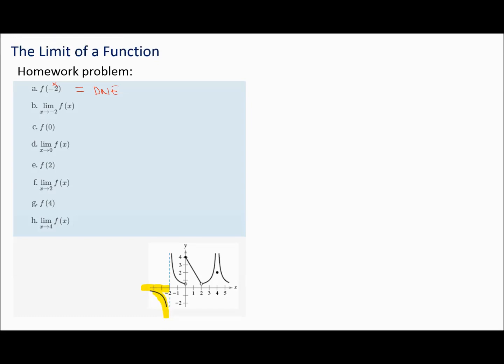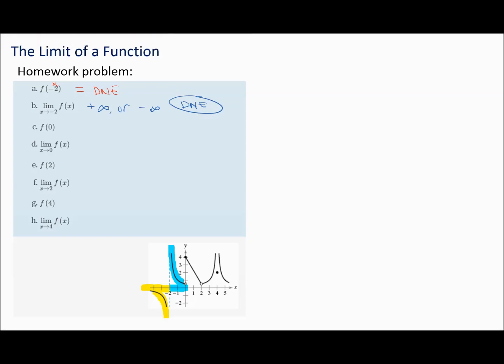Okay, on the other hand, as I get closer and closer to -2 from the right, what are my y values doing? They're going up here to plus infinity. Either way, that means the limit does not exist. So you either get plus infinity or you get minus infinity. No matter what, that means the limit does not exist. Okay?